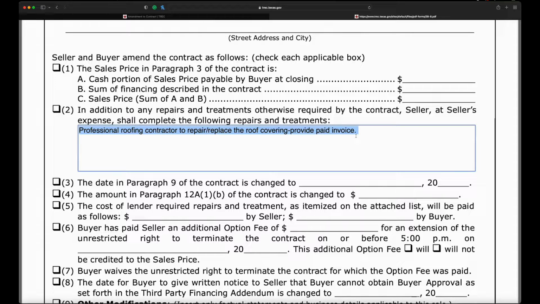If the electrical panel or, let's say, the water heater was destroyed, it needs a new one, or it appears that it needs a new one, then always put professional plumbing contractor to replace water heater. You don't just put plumber to replace or something.